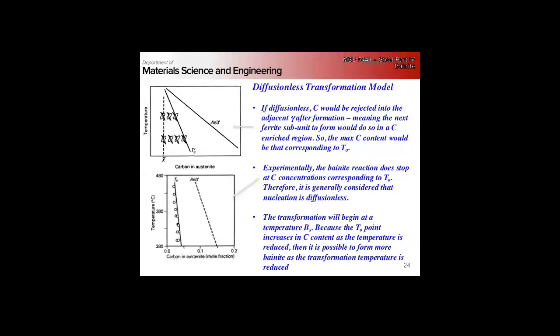So there are aspects of both. My personal opinion is that it's not just the shear, but there's a shuffle mechanism, that you need a short-range atomic shuffle that has a diffusional aspect to it, followed by a rapid shear.